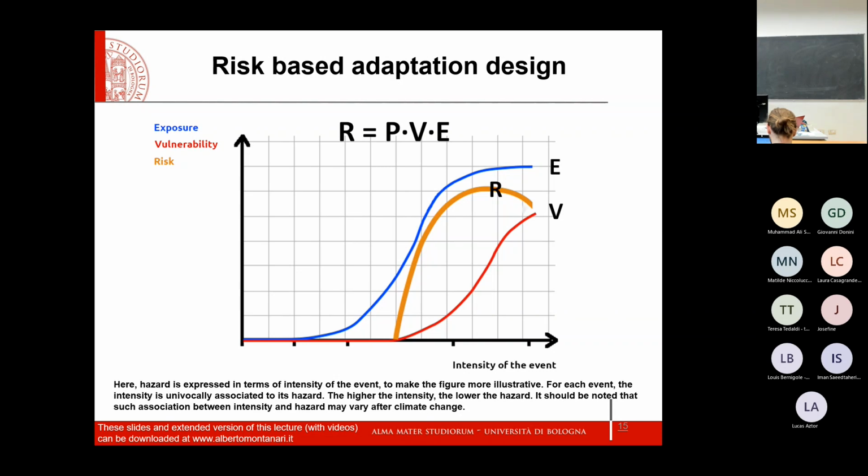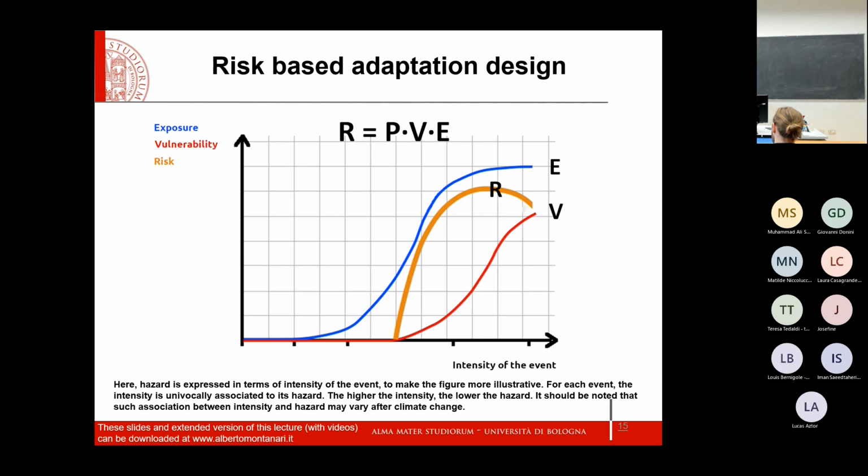Risk is a curve that can be decreasing, being the product of two quantities that are not decreasing, and one quantity which is constantly decreasing, the probability of the high intensity event. Then the product may reach a maximum, depending on the pattern of exposure, vulnerability, and probability. So we may identify an intensity of the event which corresponds to the maximum risk.